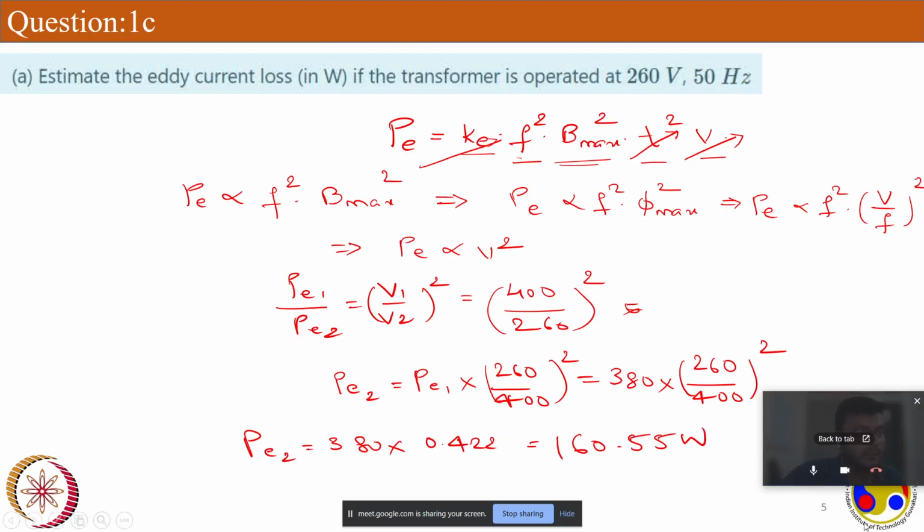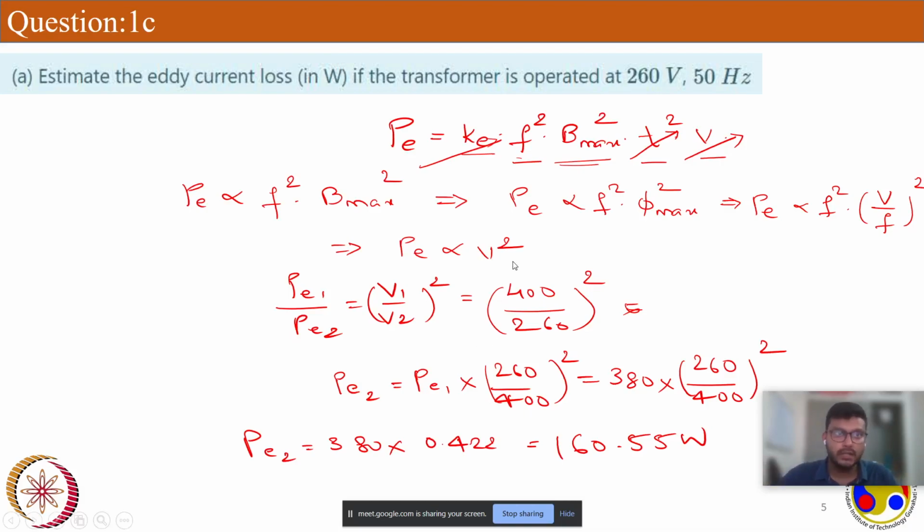Let's see what answers you are getting. Okay, Smith, Ranjit Pandey. Dhanesh ji, you have got a bit higher answer, 900. Please recheck your calculation. Shah Tulsi, 160. So yes, it's correct. Dhanesh, it's V1 by V2 for PE1 by PE2, so when you take PE2, it will be V2 by V1. Maybe there you made a mistake. Yes, 160.55.